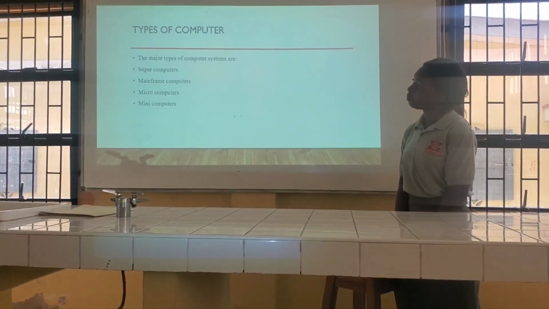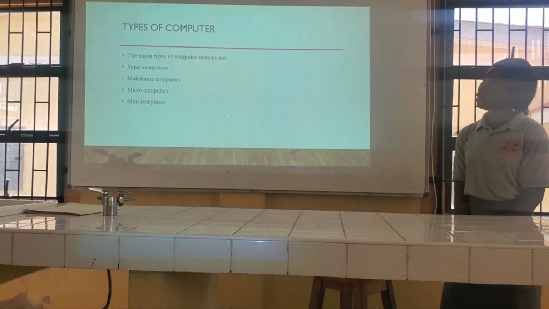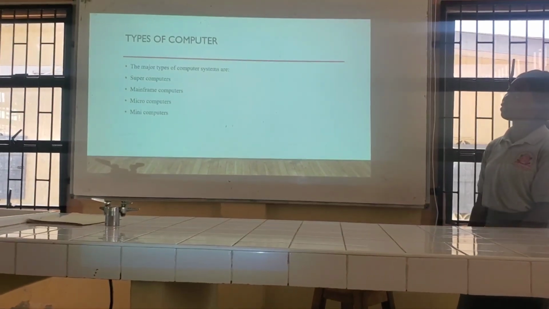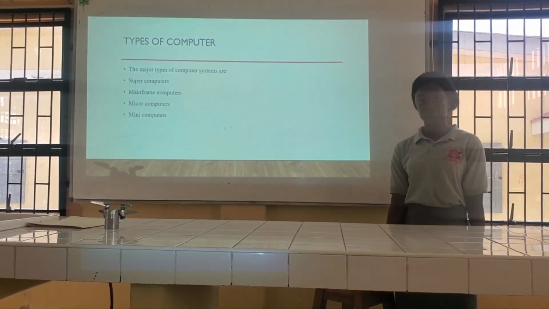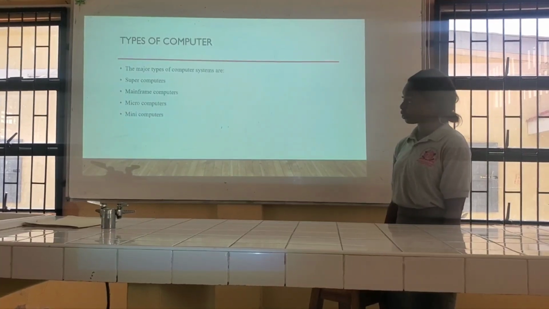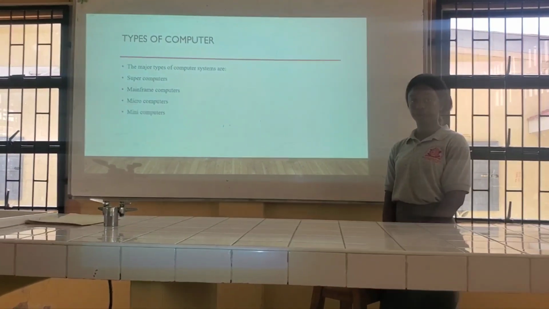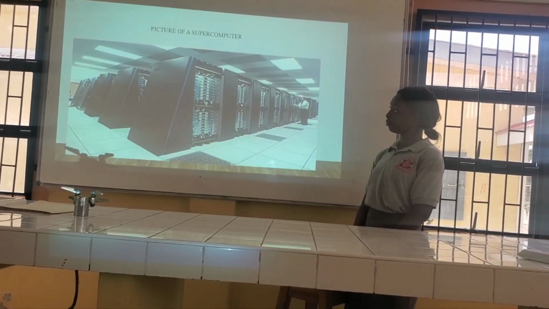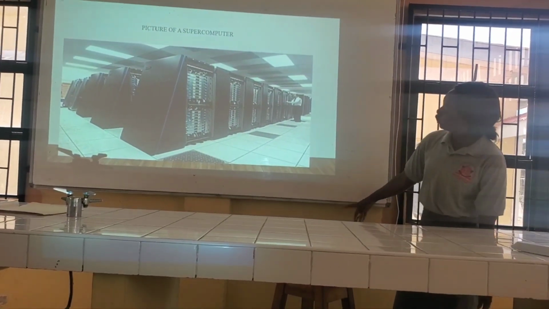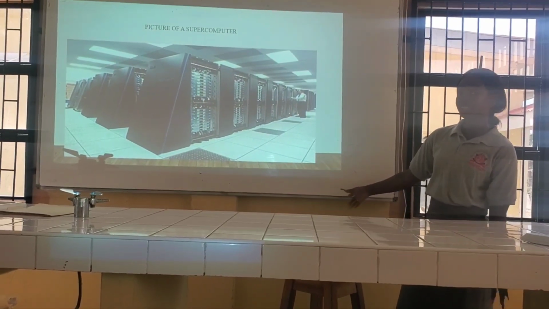Now, we have the types of computer. The major types of computer systems listed here are the supercomputers, mainframe computers, microcomputers, and mini computers. This is a picture of a supercomputer. You see how large it is?